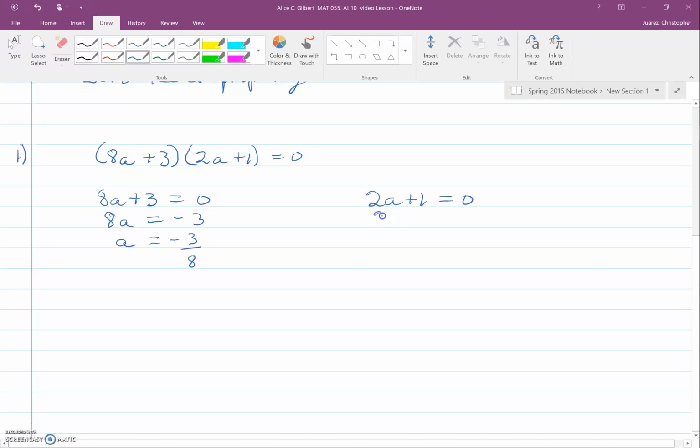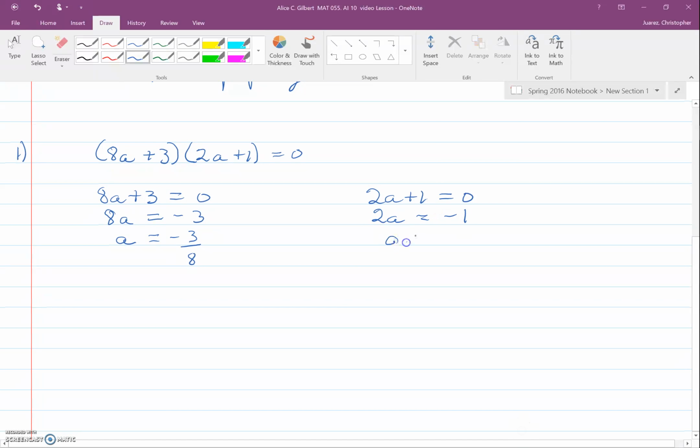This side, I'm going to subtract 1 from both sides and then divide by 2. And so then I get a equals negative 3/8 or, that's what the comma means, negative 1/2. Please write your answer just like this.